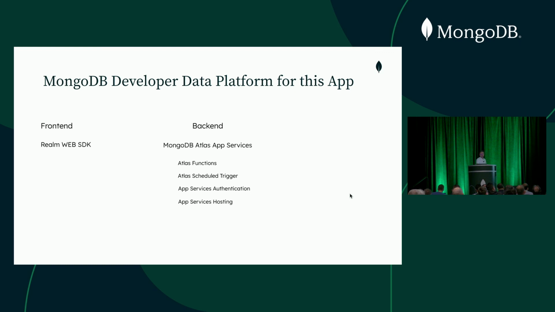In the back end, I used Atlas Functions, scheduled triggers, App Services authentication, and App Services hosting. And at the database level, I used Atlas cluster, time series collection, windowing operations, and the aggregation framework. If you don't have a MongoDB Cloud account, just visit cloud.mongodb.com, pull these two repositories that I shared, and start testing it.